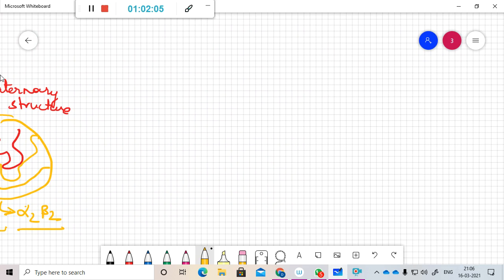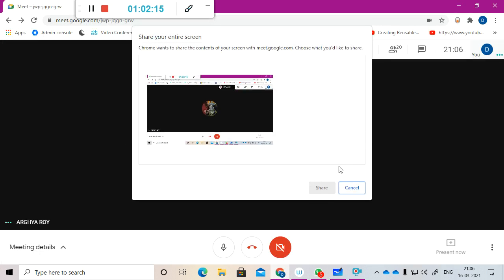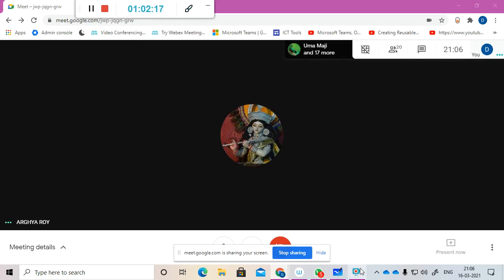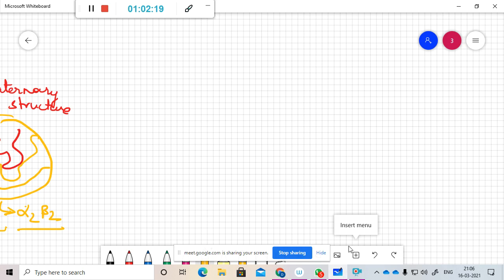So let us talk about beta bend. Just hold on, it is not getting shared for some reason. So let us draw the structure of a beta bend properly. You draw C, O, where it is bending.